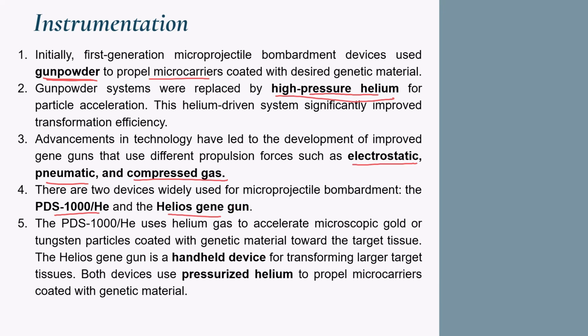Here the Helios gene gun is a handheld device. And this PDS also uses pressurized helium gas to accelerate the microscopic gold or tungsten particles that are coated with the genetic material.